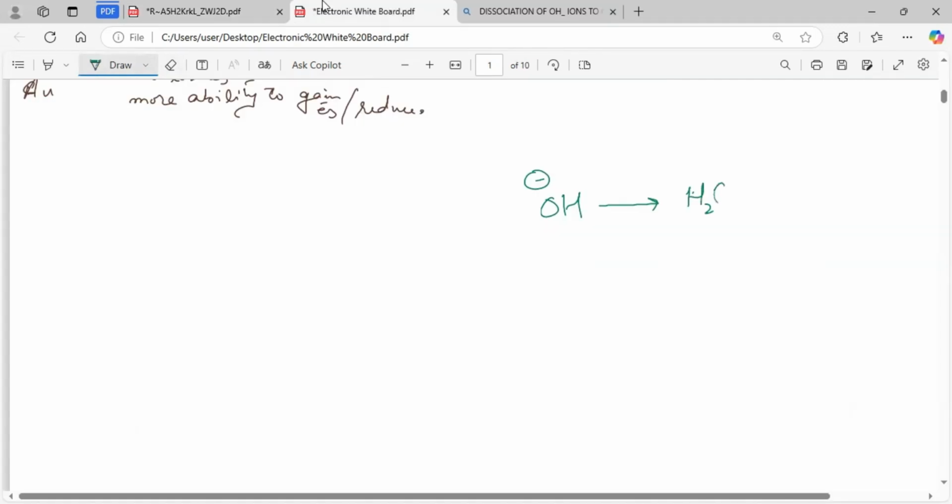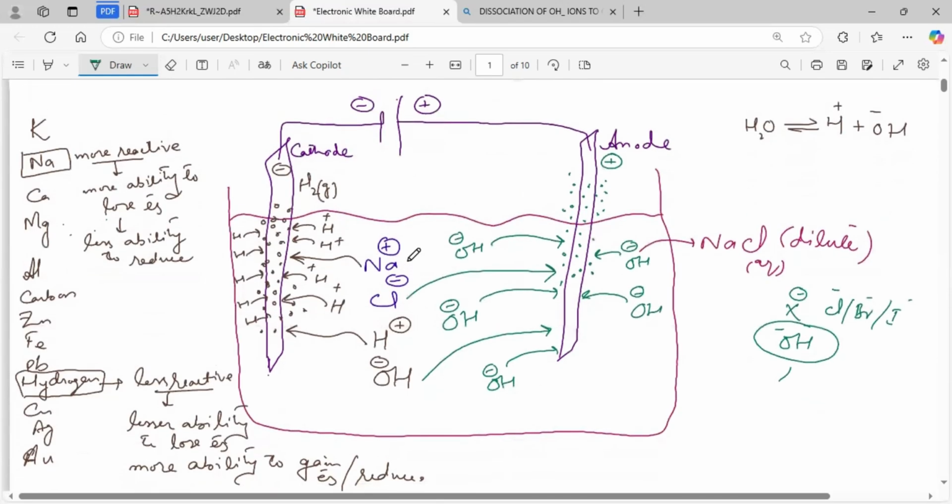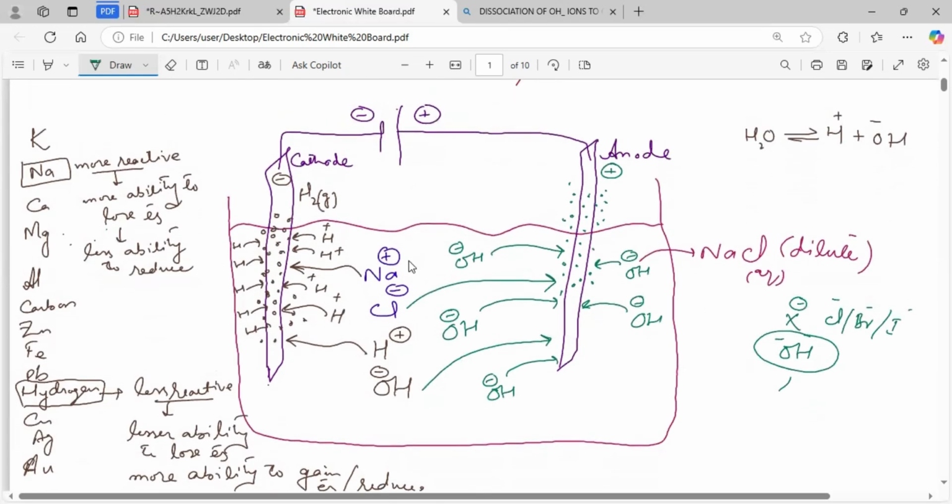Now, the equation gives water plus oxygen gas, but this is not yet balanced. So 2 water molecules are released, oxygen gas is released, and 4 electrons are released. Now look here. In case of Cl negative, only 1 electron will be released, whereas in case of OH negative, 4 electrons will be released, and 2 water molecules and 1 oxygen molecule will be formed, which is more stable and easier to release.